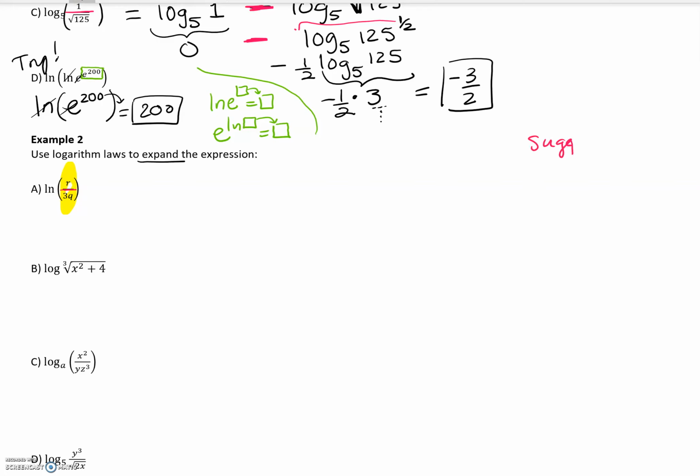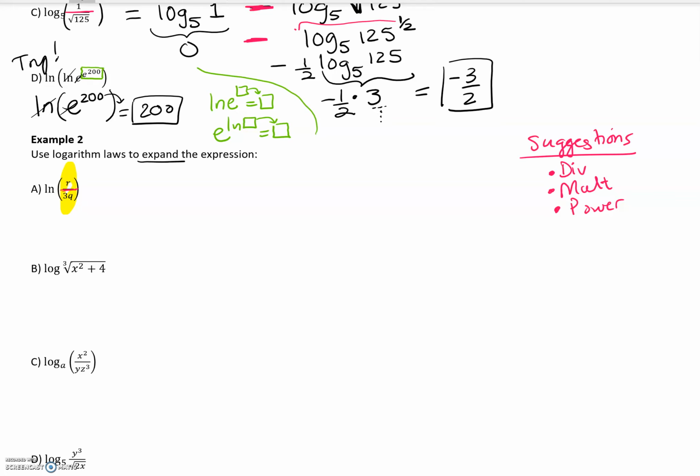Whenever you're expanding, I always like taking care of the division first, and then the multiplication, and then the powers. Drop them down in the end. Most of the time, that's the best way to work with them. It of course depends on the problem, but I take care of my divisions, then I expand my multiplications and take care of powers last.